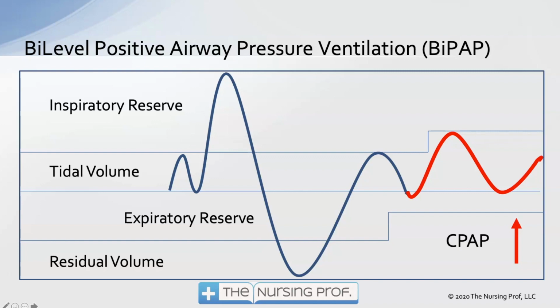So the same amount of effort is being used here, and yet we have a deeper breath than we normally would in the tidal volume. So BiPAP not only increases the residual volume and therefore increases oxygenation, it also increases tidal volume, which is going to help to blow off CO2 and decrease the CO2 level.